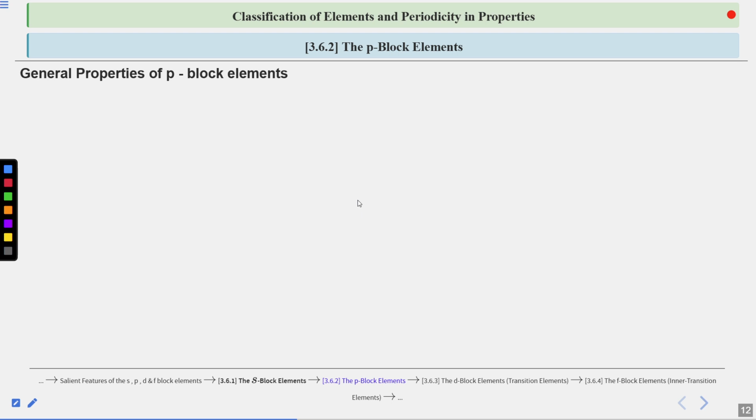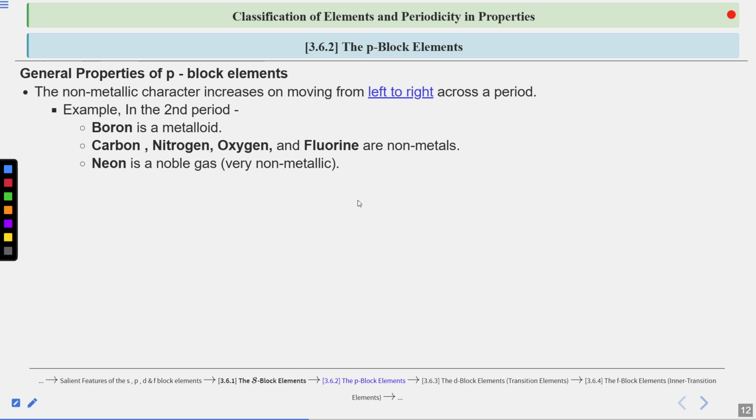Now we will see some general characteristics of the p block elements. Similar to the previous trend, if we move from left to right across a period, remember these two points regarding periods and groups. First, regarding the period: moving from left to right, your metallic character decreases.